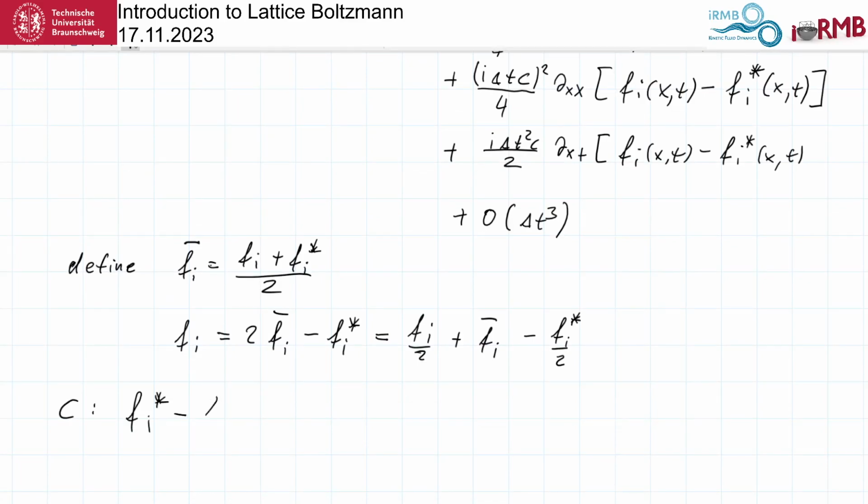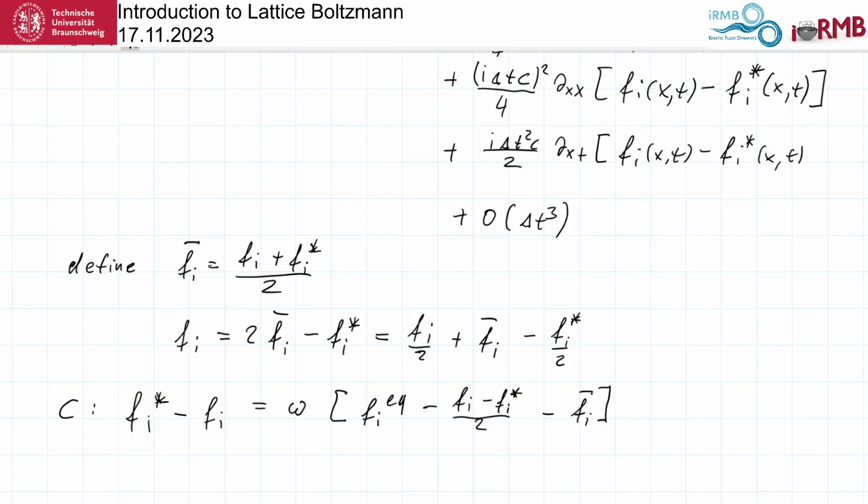Let's look at the collision operator. Fi star minus fi omega. So then it's fi equilibrium minus fi, right? So instead of writing minus fi, I'm now writing this thing here. This is fi minus fi star divided by 2 minus fi bar.